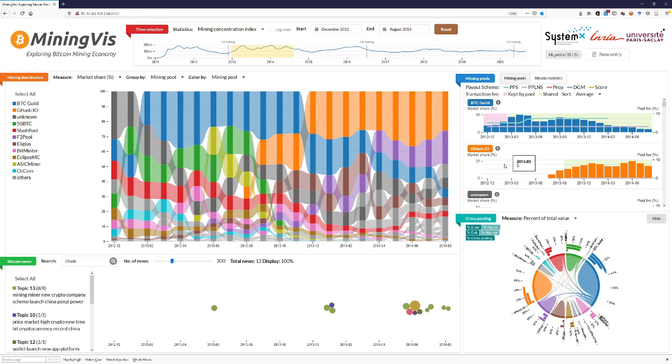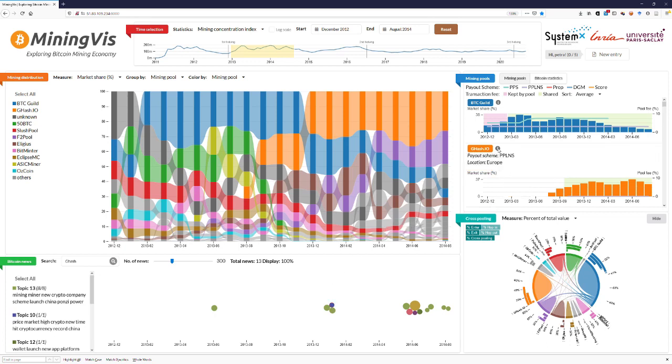In the detail view, we can see that Ghash.io used the PPLNS payout scheme and kept 0% pool fees, indicated by the gray line here at the bottom. Its main competitor, BTC Guild, offered two different payout schemes, indicated by these two lines, which each required a specific pool fee.